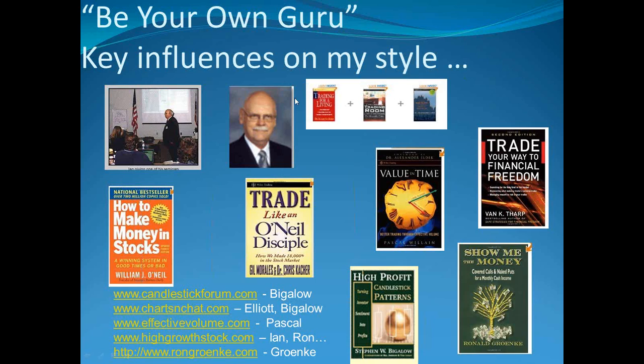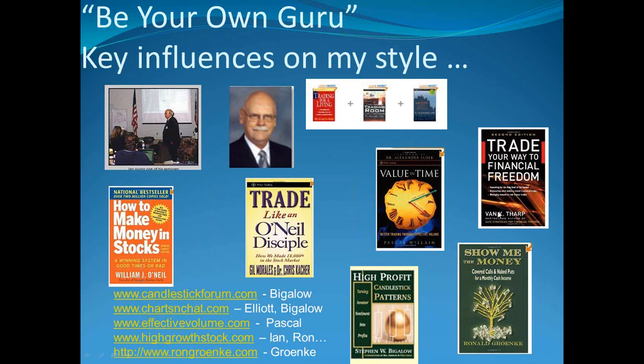Other influences that you may see pop out in some of my discussions are Alexander Elder, a series of awesome books, a little bit about the psychology of trading, but they're just really great books to read. William O'Neil, How to Make Money in Stocks. Gil Morales and Chris Kacher, Trade Like an O'Neil Disciple. These are the guys that brought us pocket pivots.